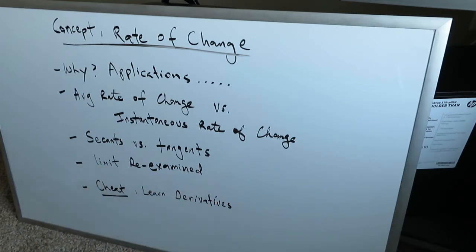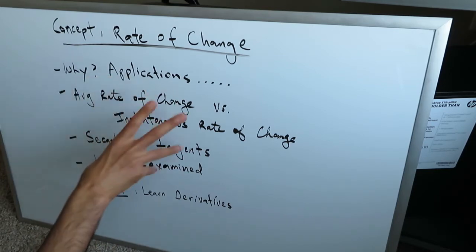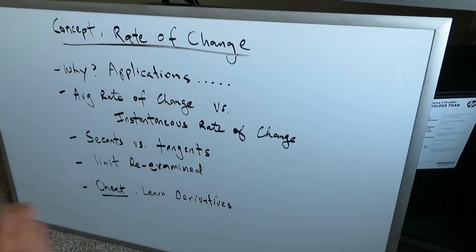Lastly, here's a little cheat. The cheat is, if you learn derivatives, most of this you can forget about. Not forget about in terms of never having to worry about it, but forget about it in terms of the basic understanding. You can approach the whole concept of rate of change in two ways. One way, you can learn the whole theory behind it and try to understand explicitly or implicitly what it all means, or you can skip all of that understanding, and in an automatic or robotic manner you can learn the derivatives and do exactly the same thing without getting into the whys behind it.